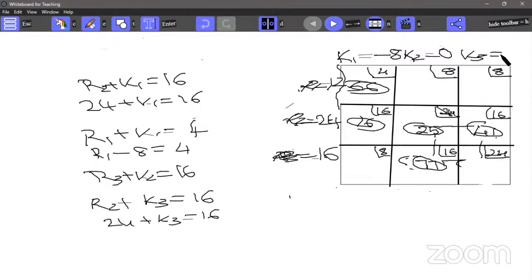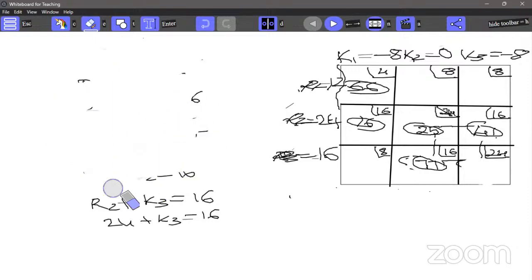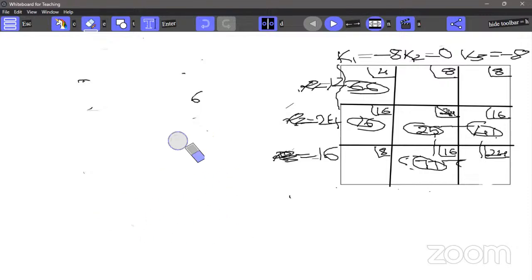Okay. Now the next step is I have to find out improvement index for all the water cells. This matrix it is. What are the water cells now?